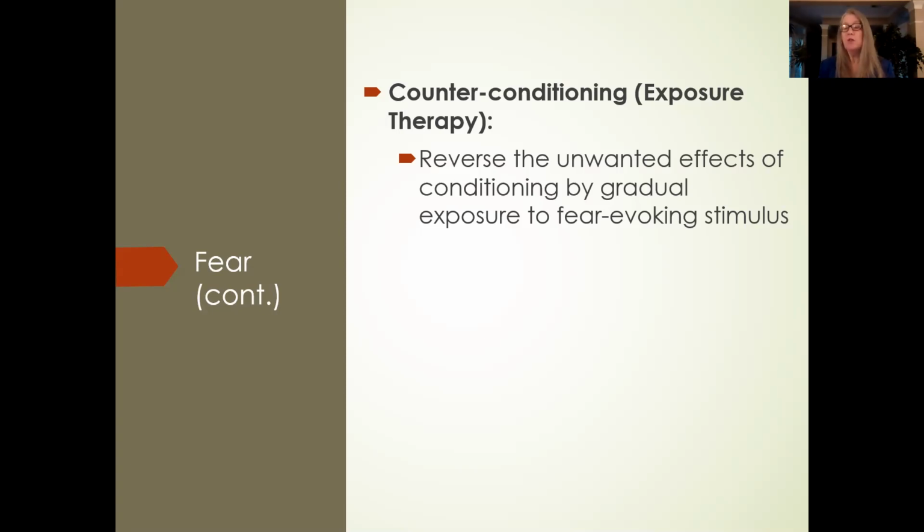With this, you can gradually introduce the rabbit, or whatever the person or animal is afraid of, followed by a really positive stimulus, something that leads to an emotion that they want to have. So not fear, maybe the feeling of love, or maybe something they really like, like food. So it gets paired with a very pleasant thing, and that will get rid of the fear of whatever it is you're afraid of.